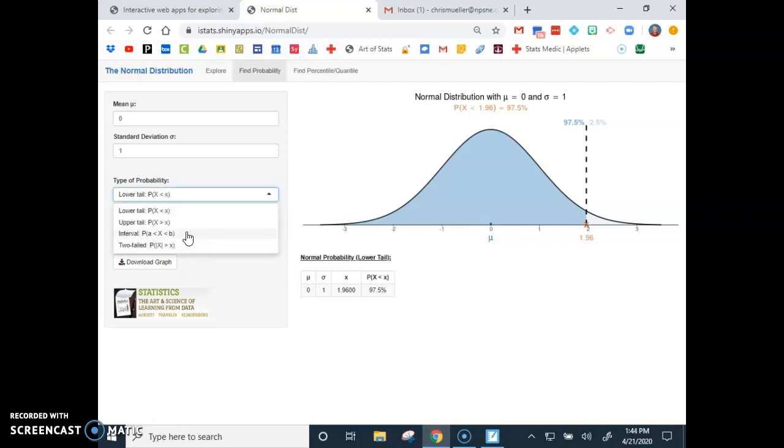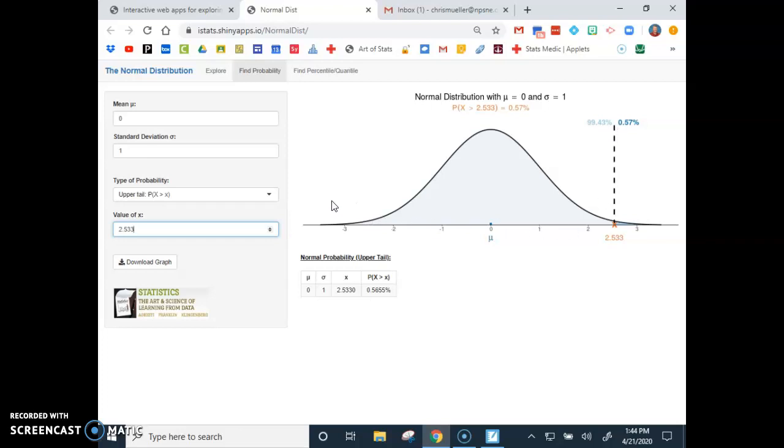It's a right-tail test because of our alternative hypothesis, and it was 2.533. So, ladies and gents, what we get right here is 0.57. This is our p-value as a percent, but again, if you want to change it to a decimal, you just move the decimal 2 places to the left, 0.0057.